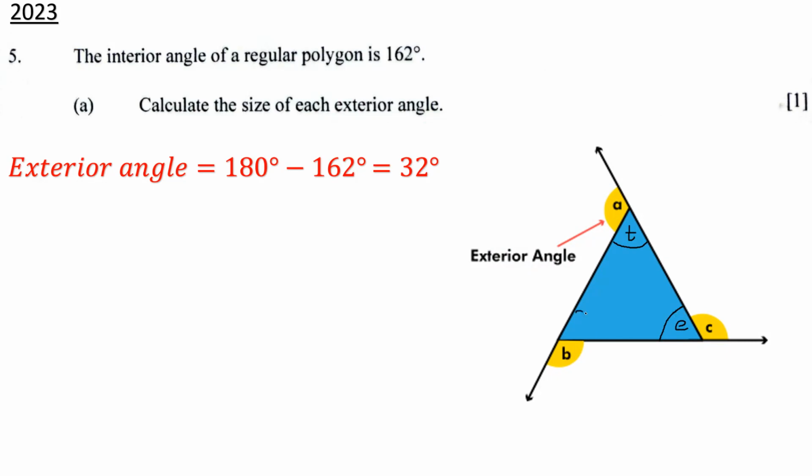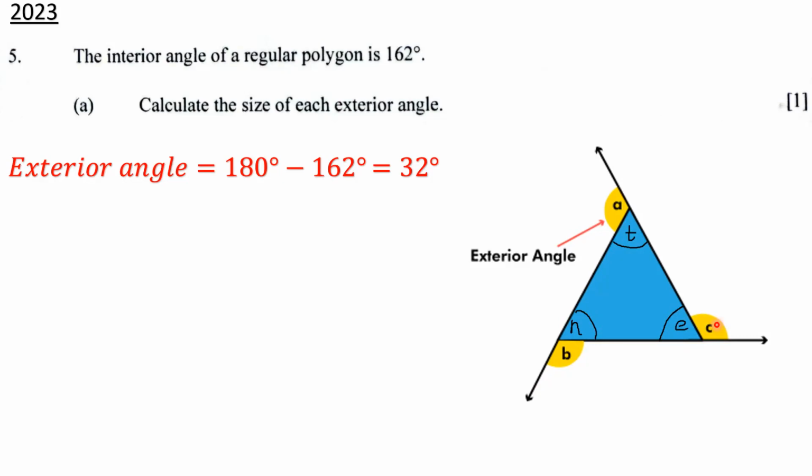And let's call this one angle H. Angle H is also on the inside of the polygon, so it is definitely an interior angle. So E, T, and H are the interior angles, and A, B, and C are the exterior angles because they are on the outside.